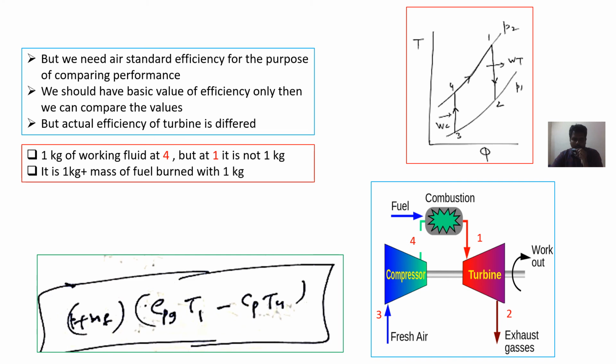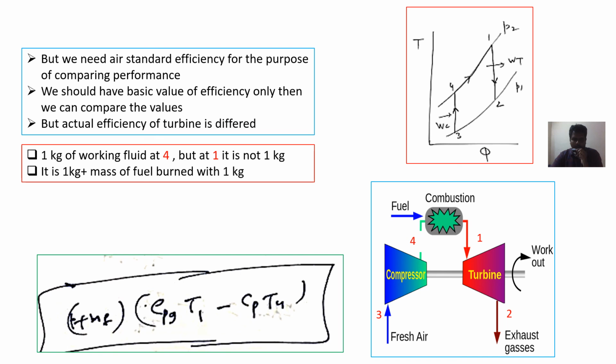Now let me explain how this equation came. Here first let us discuss this part, Cp gas. Here I have written Cp gas because of T1 at point 1. If we take point 1, here we are not getting pure air, because once air and fuel are mixed in the combustion chamber, there will be combustion.